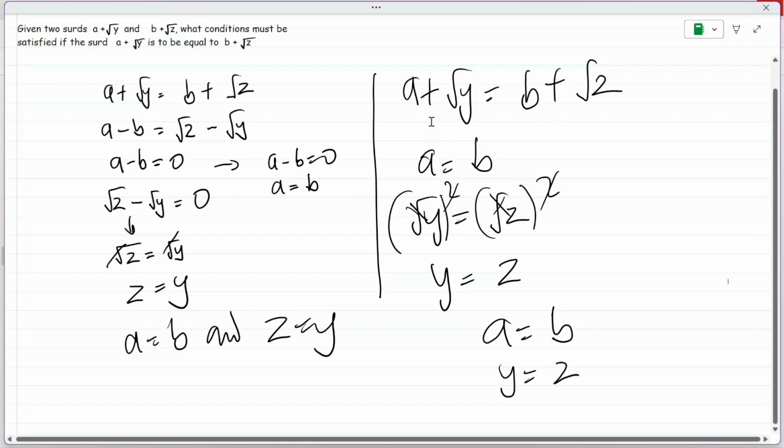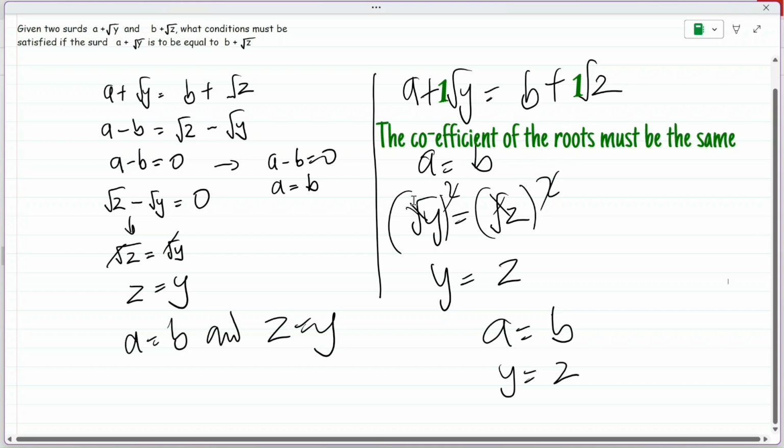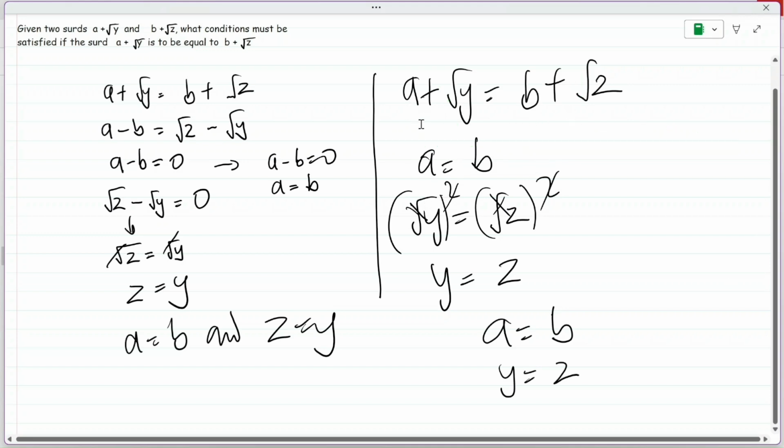It's not the case of one being positive and the other being negative. They are both positives, and also note both of them are in square root, not that one is in root 2 and the other is in root 3. And note, both roots have a coefficient of 1. It's not written, but they have 1 in front of them. So these conditions are required before you can equate a to b in this case and y to z.